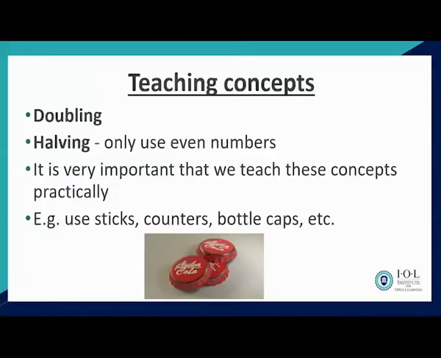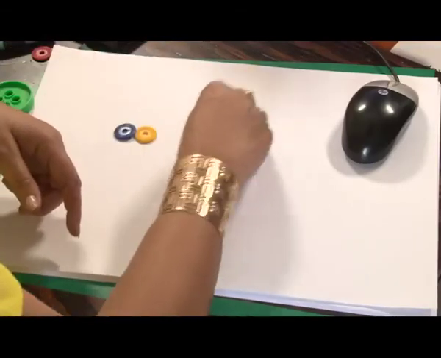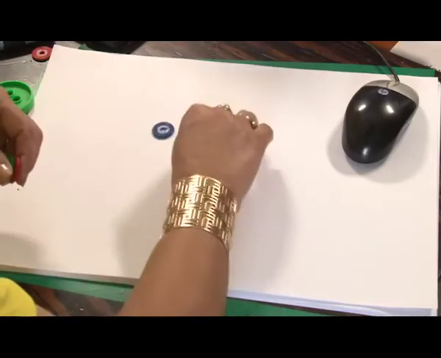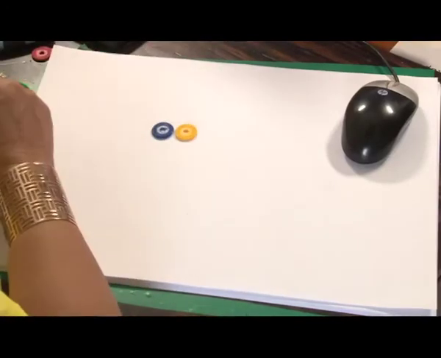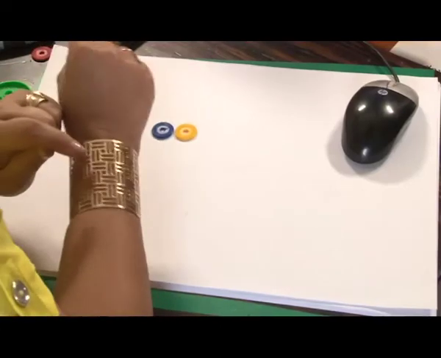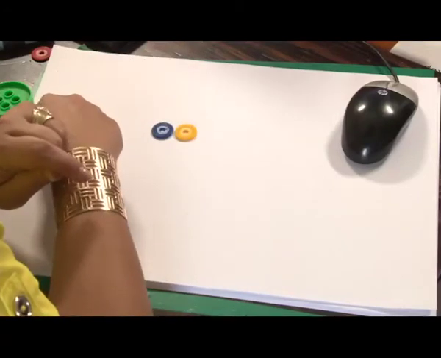How do I teach doubling and halving? Now let's start with doubling. I usually use small numbers. It's easier to explain concepts when we use small numbers. So I have 2 objects. I ask the learner, how would I double these objects?